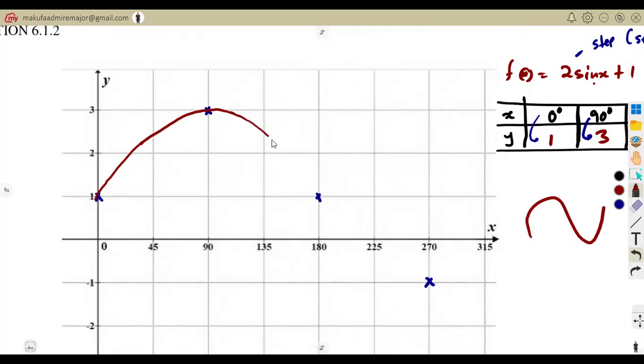At this point, at 215, there's nothing there. It's just for a turn. Do not concentrate on that one. So it goes like this until this point. So it was supposed to have a curve, then it goes up like that. But we are not focused on that, because we are ending at 270 degrees. That is where we are ending.